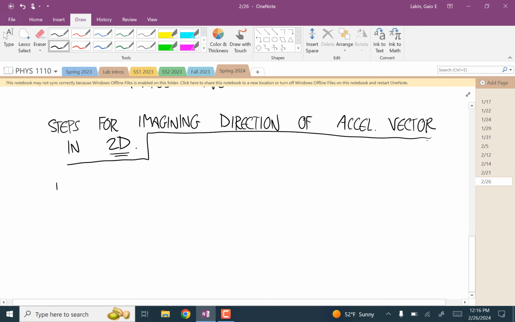The first step is draw the object in the real world and draw the path that the object is following.